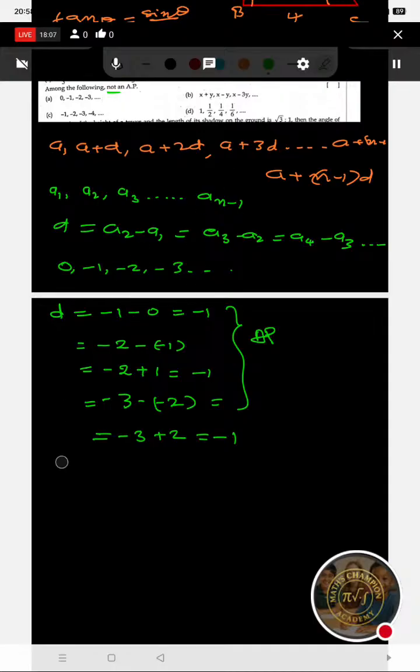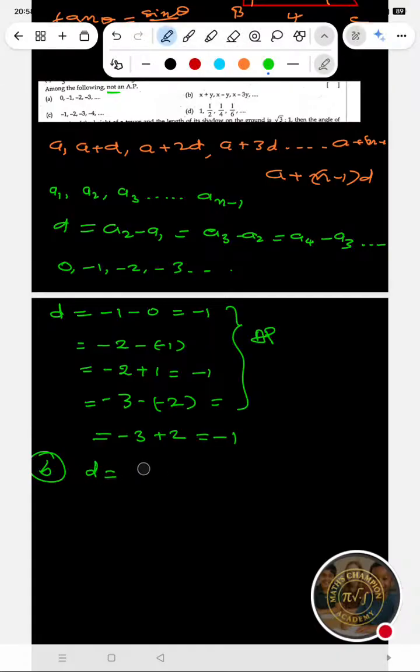Look at the second option, option B. If we take the difference here, A2 minus A1, that is x minus y minus x plus y. Solving, x minus y minus x minus y, the x cancels, so minus y minus y, and we get minus 2y.